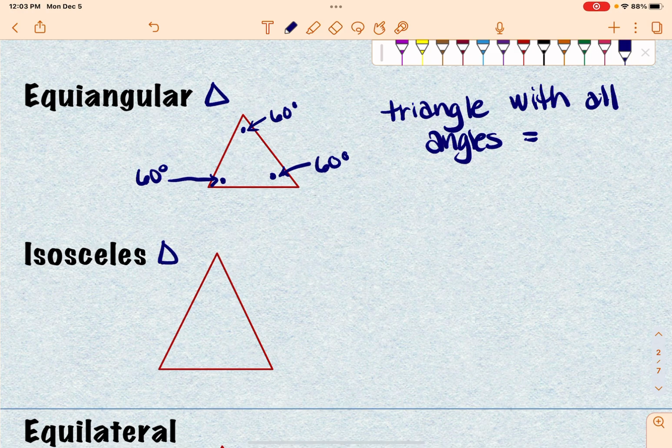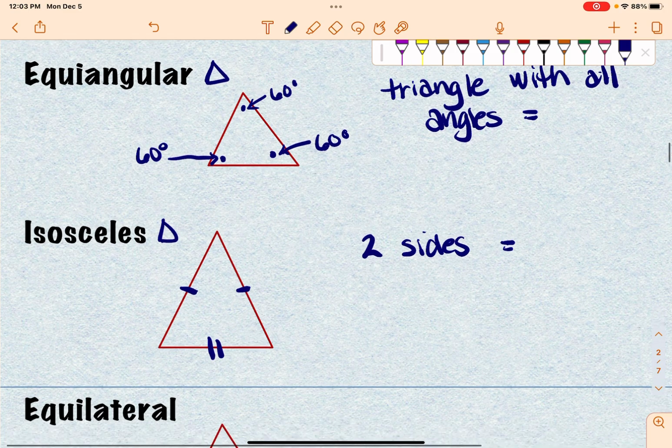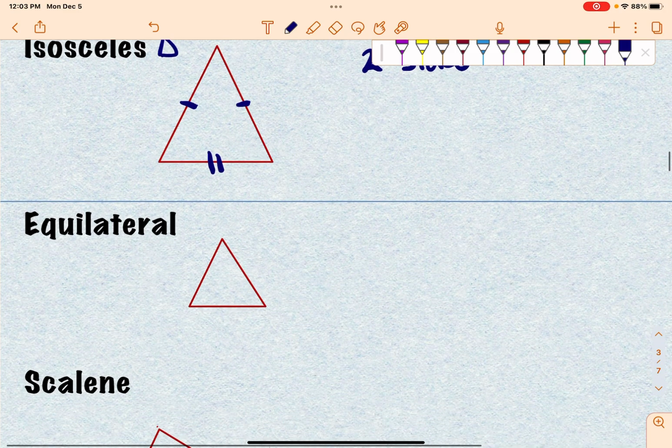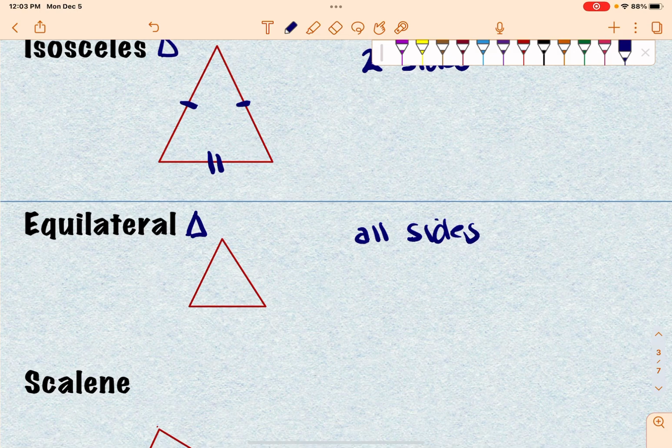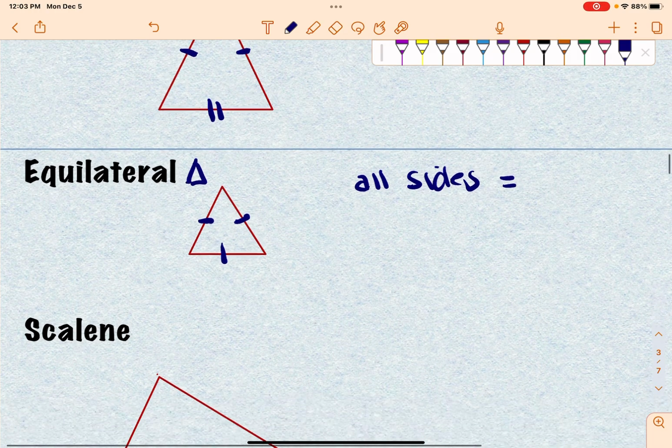An isosceles triangle has two sides that are equal. So in this case, these two would be the two that would be equal, and this third side would have to be a different length. Okay, equilateral triangle means that all the sides are equal. So they would all have to have the same length on all of those.